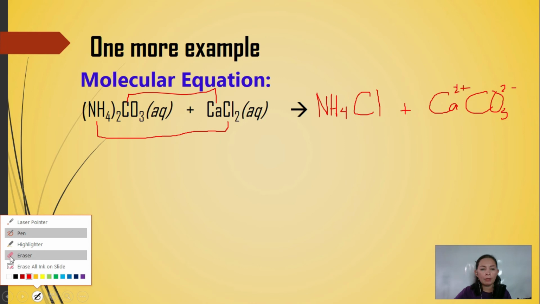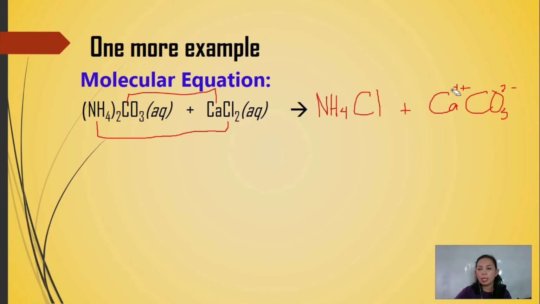So our formula will be CaCO3. Okay? I hope you still recall our chemical formula writing. So this one, negative 1, positive 1. So that's our chemical formula.